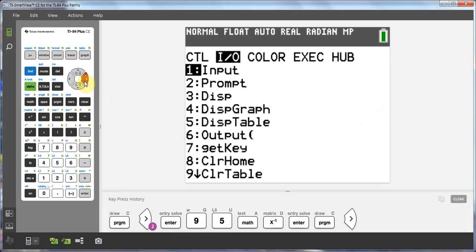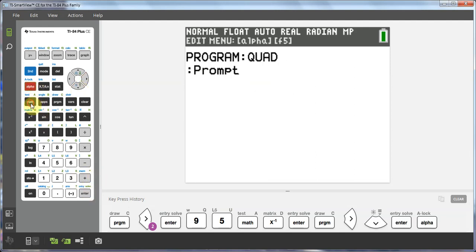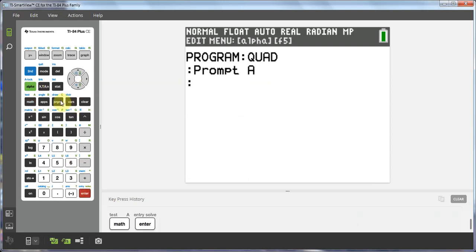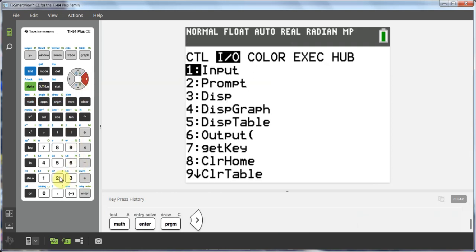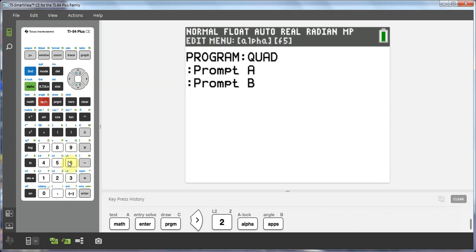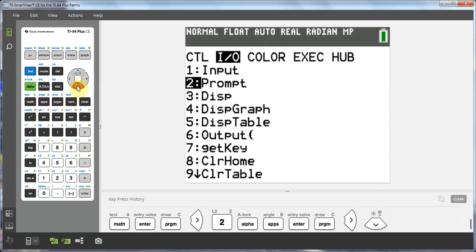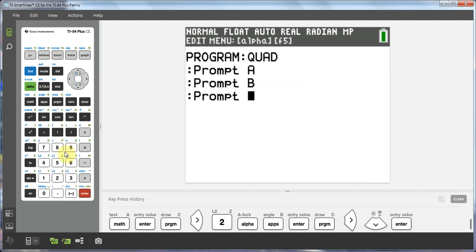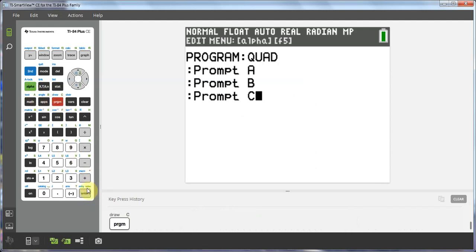Scroll over to where it says IO, which is shorthand for input output, and we're going to say prompt. Okay, we're going to prompt for A, and we're going to do this 2 more times. We're going to prompt for B, and then we're going to prompt 1 more time, and that'll give us the letter C.